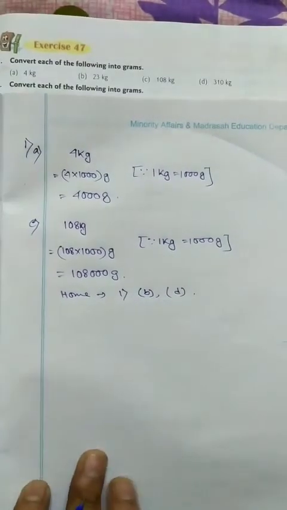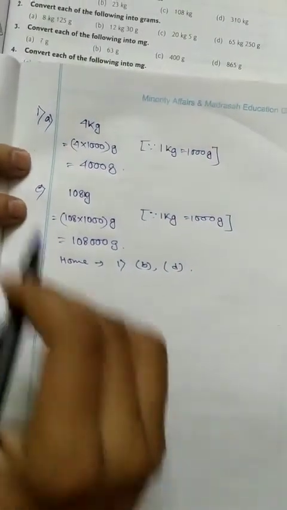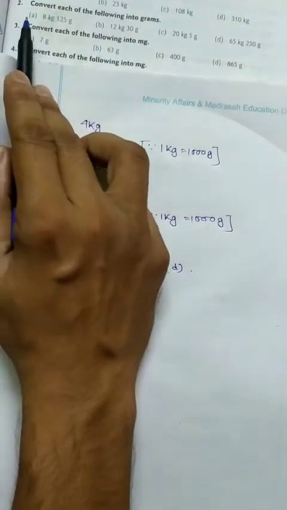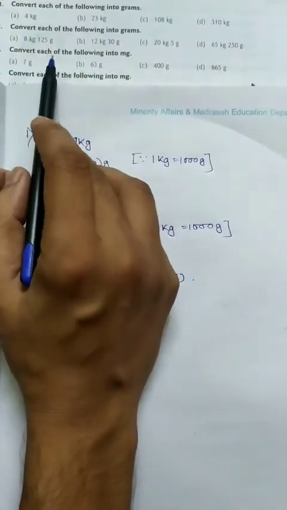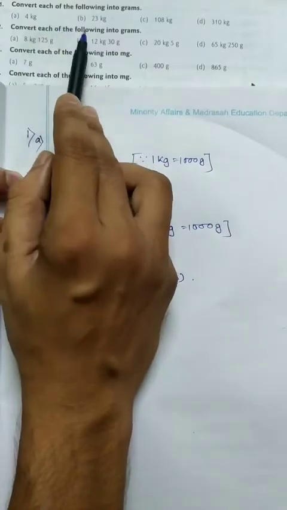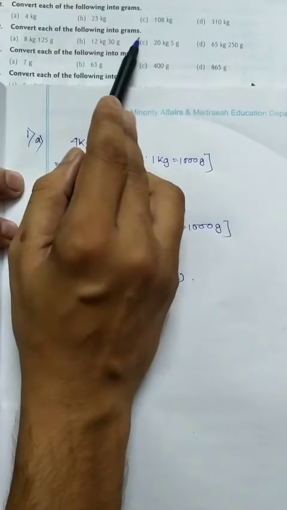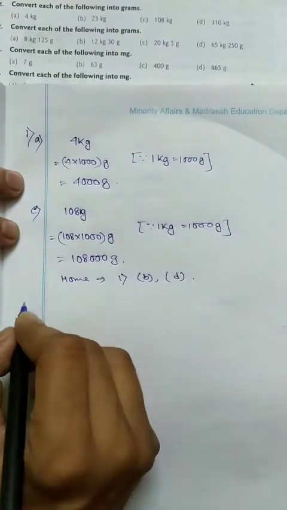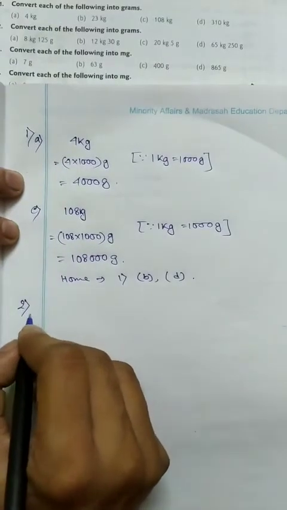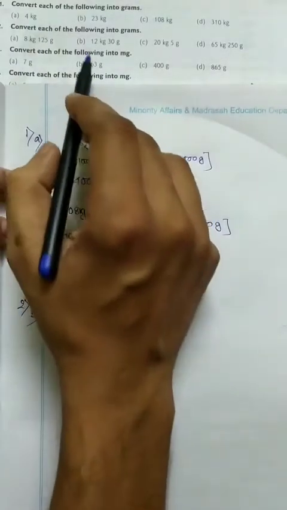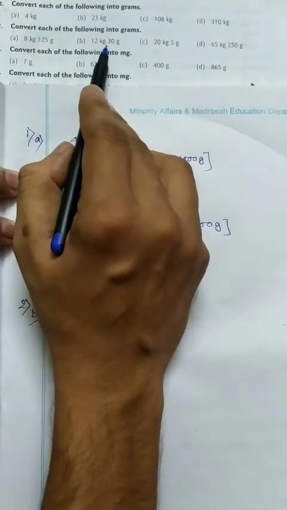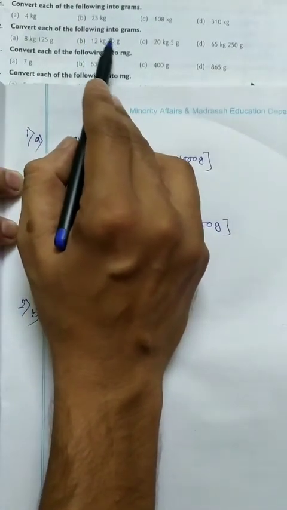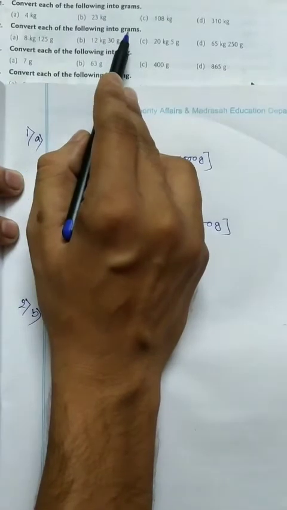Now the next question, question number 2. Convert each of the following into grams. See question 2B. Here given 12 kg 30 gram, and this is to be converted into grams.